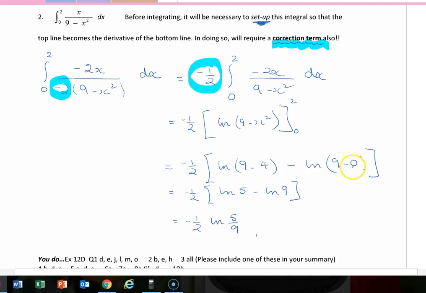And you get log of 9, simplifying, we've got log 5 minus log 9. Using log rules, -1/2 times the log of 5 on 9.